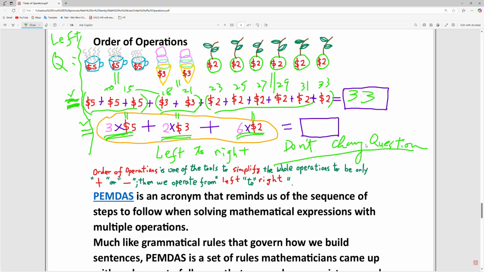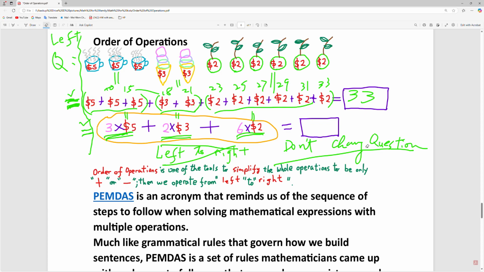Okay. Now, if you still start to calculate from left to right, when you have multiplication and addition mixed together, then you want to write the answer. Okay? So that's what the order of operations wants to teach you.